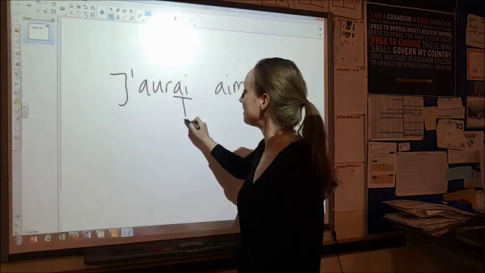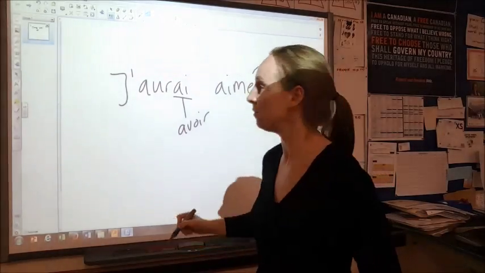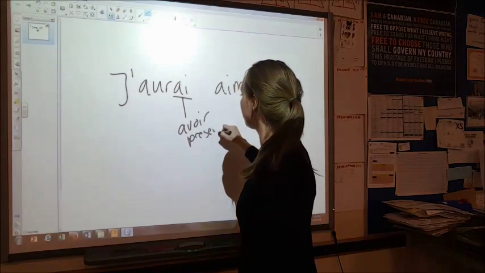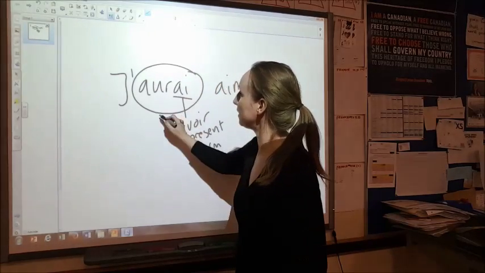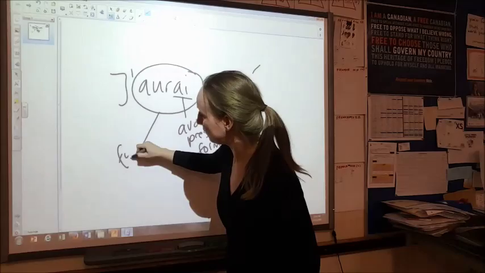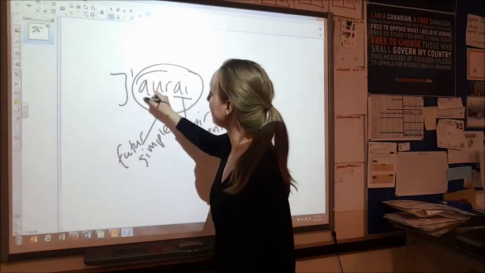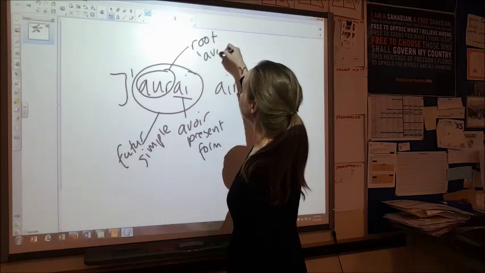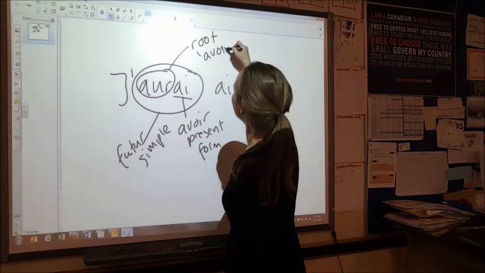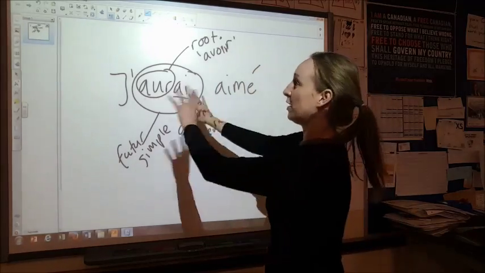So this ending comes from avoir in the present form, and this whole chunk here is the future simple. And this word right here is the root for the verb avoir. Sorry, aur. And so there's actually already a lot going on here.